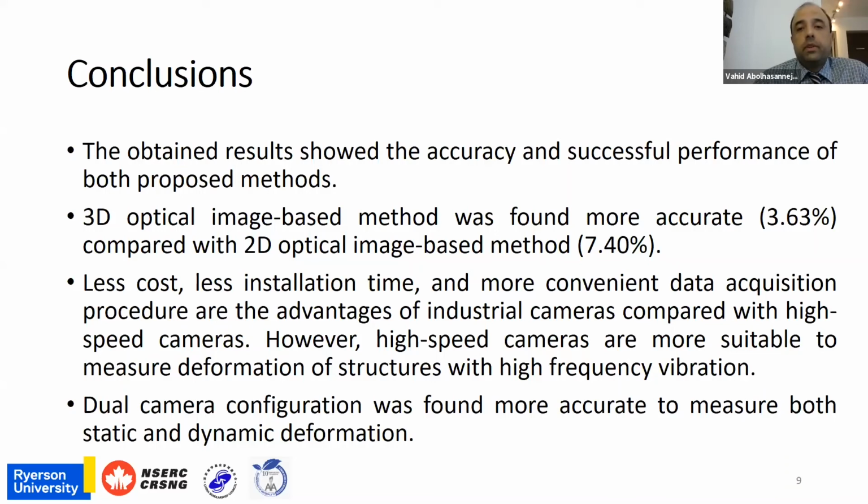However, if the vibration frequency of the structure is higher than normal and we couldn't capture it using the industrial camera, we have to use the high-speed camera, because we have no way to use a camera with a frame rate less than the vibration frequency of the structure.